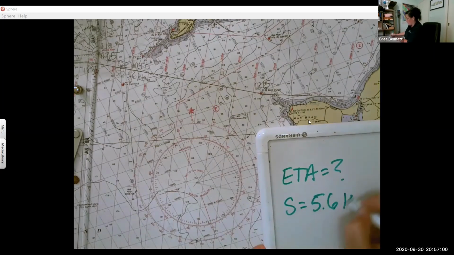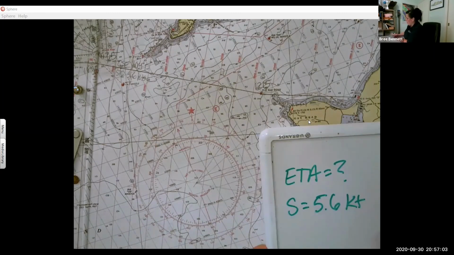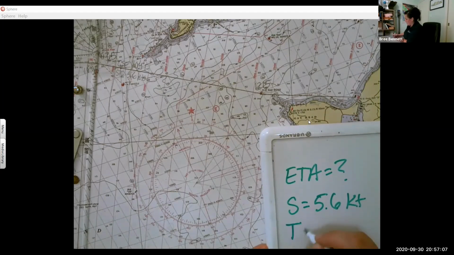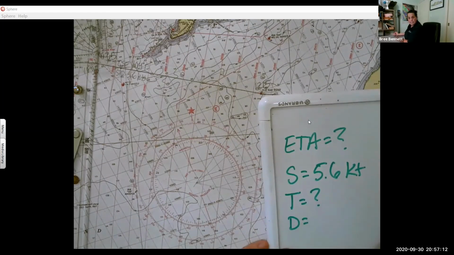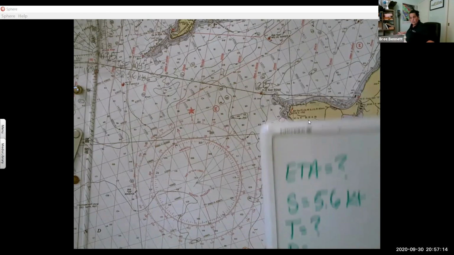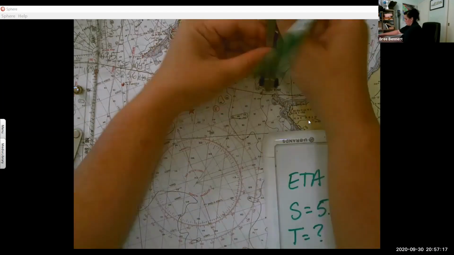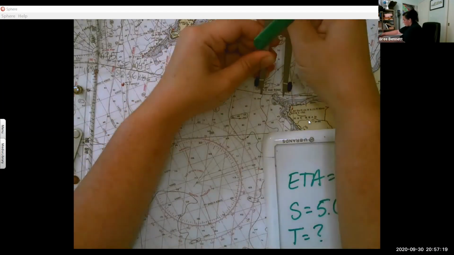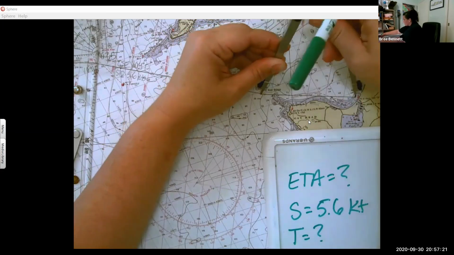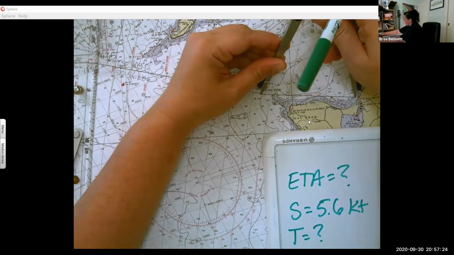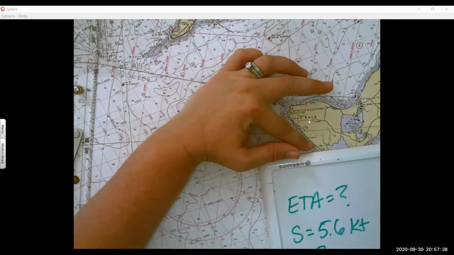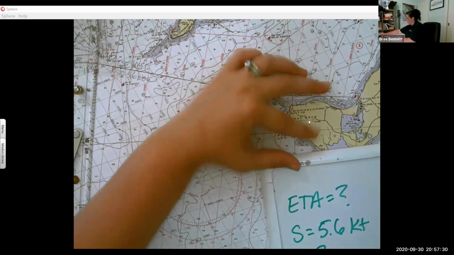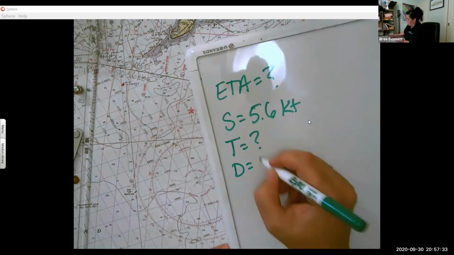That's what my boat thinks it's doing. And then I need to calculate, or I'm looking for time because I'm looking for my ETA. And I need to calculate what my distance is. So let's use our dividers. What distance did you guys get? 4.2. 4.2, 4.3. Let's use 4.2.